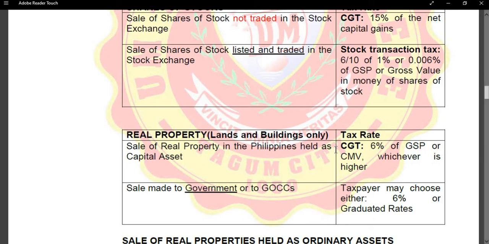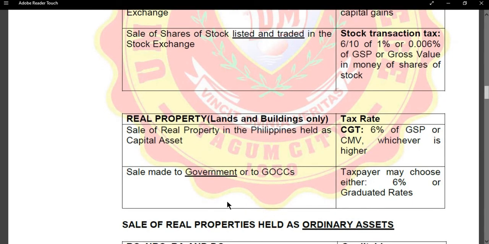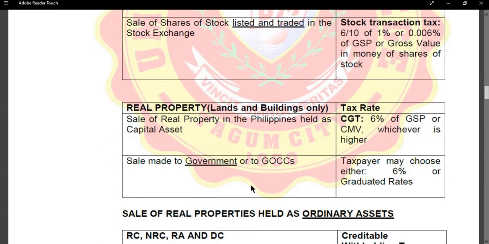It doesn't matter if it resulted in a gain or loss. Because the basis of the 6% capital gains tax is on the gross selling price or the fair market value, whichever is higher.